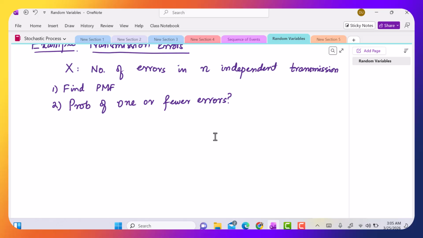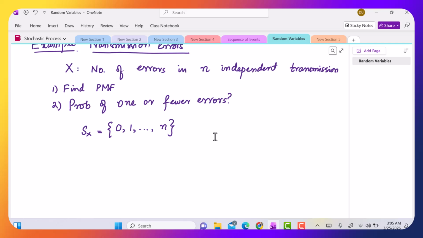So the sample space S_X is going to be a discrete set of 0, 1, up to n. 0 means no error, 1 means a single error, 2 means 2 errors, all the way up to n.